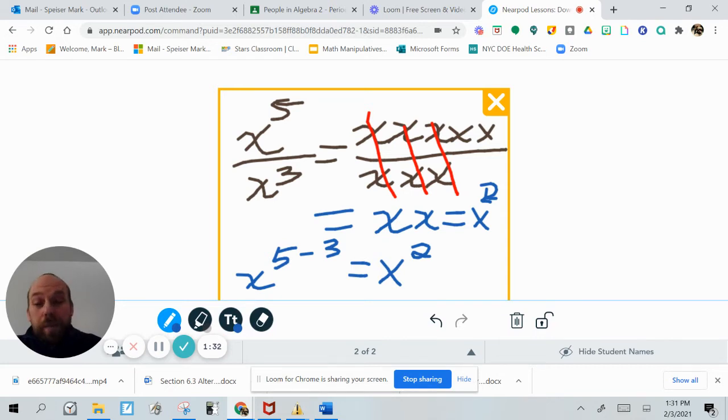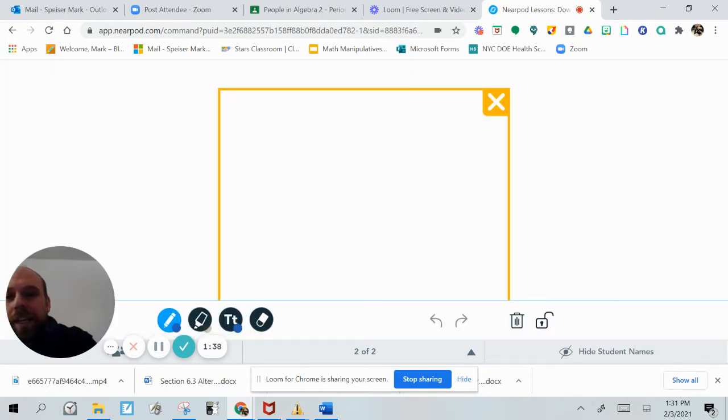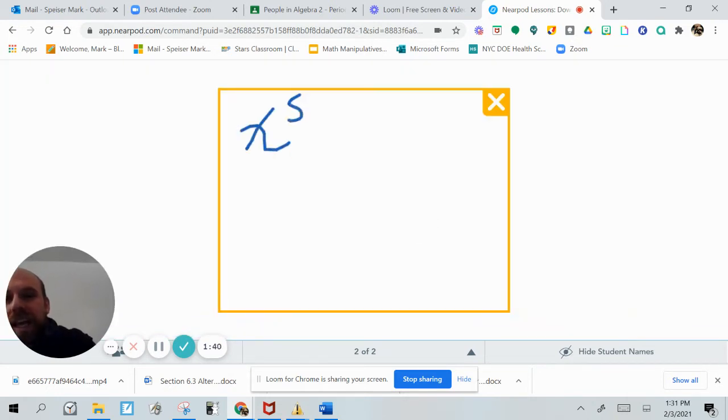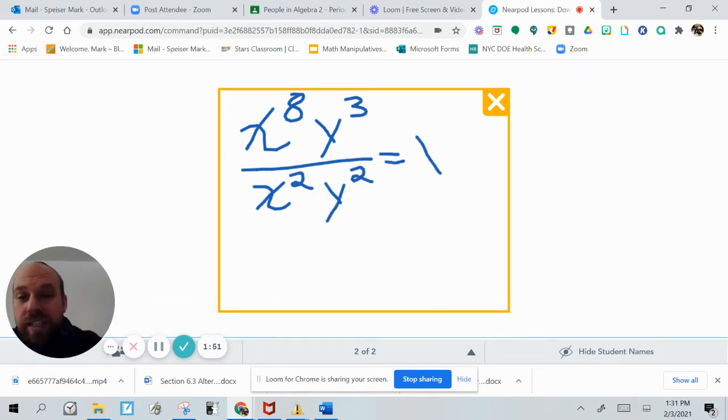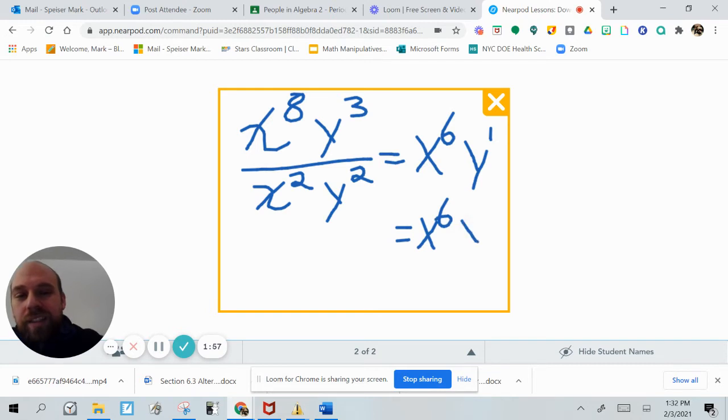So let's do a few examples and then look at some odd cases. Okay, so if we had x to the 8th, y to the 3rd, over x to the 2nd, y to the 2nd, you subtract the exponents, so it's x to the 6th, y to the 1st, and you don't need to write the y to the 1st.